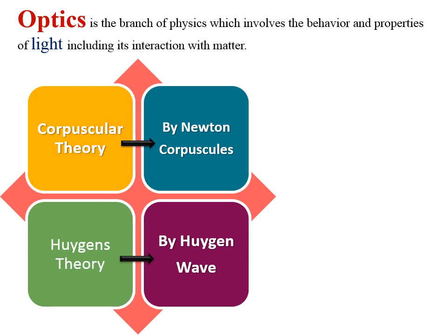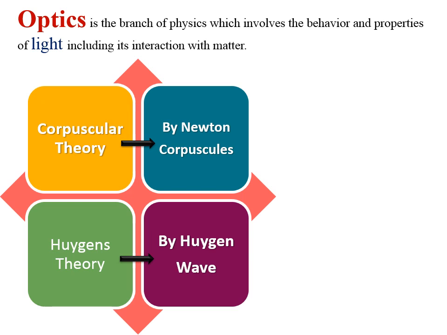Next to that, several scientists have worked on different parameters of light, and one important milestone we can say was put by Sir Huygens. According to Huygens, the light is having wave nature.